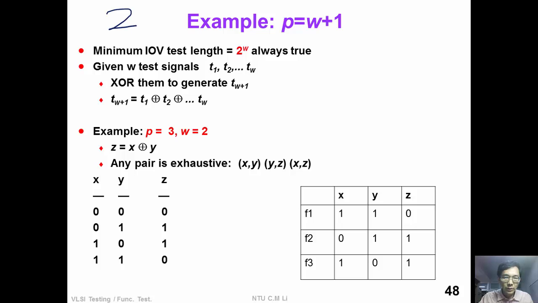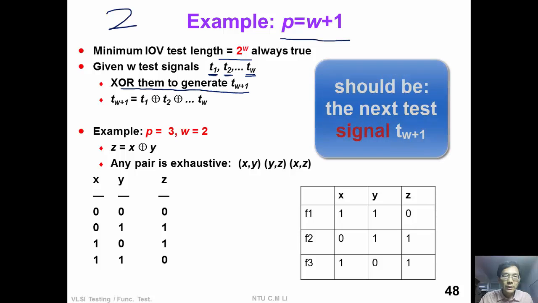In the second case, where P is equal to W plus 1, the minimum IOV test length is equal to 2 to the power of W. This is always doable. Given W test signals T1, T2, and TW, we can exclusive OR them to generate the next test pattern TW plus 1.